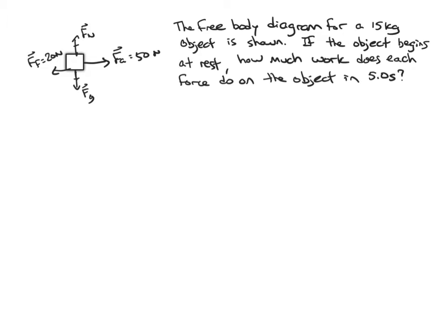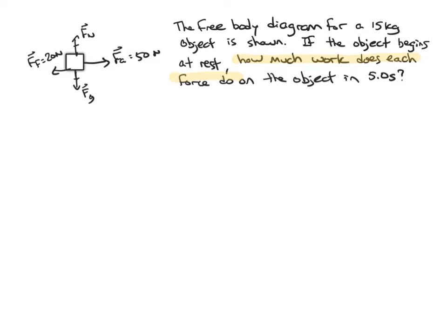All right, so the question is asking us for how much work does each force do on the object in 5 seconds? Since there's 4 forces acting on the object, as shown in the free body diagram, this question is asking us for 4 different answers. One answer for each force.